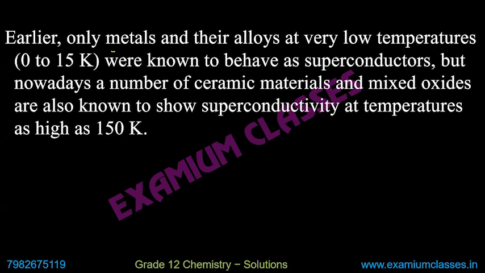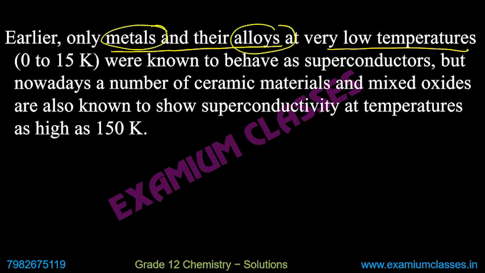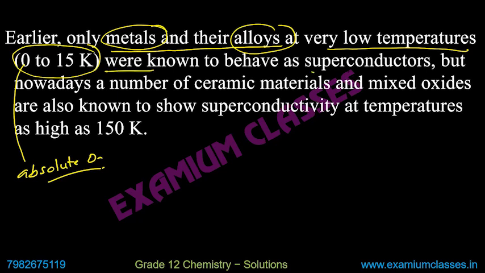Earlier, only metals and their alloys at very low temperature, here we are talking about superconductors, okay, only metals and their alloys at very low temperature, that is 0 to 15 Kelvin. 0 Kelvin is absolute zero. Temperature cannot be below this one. So these were known to behave as superconductors.